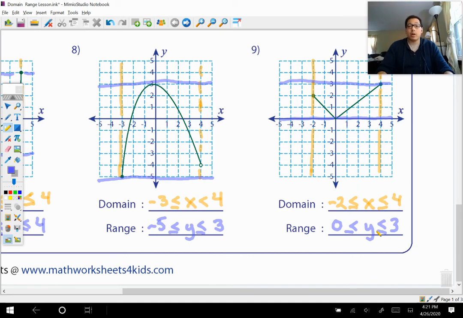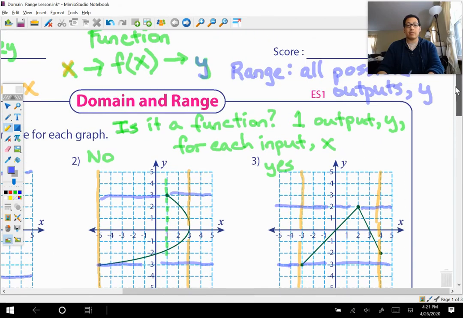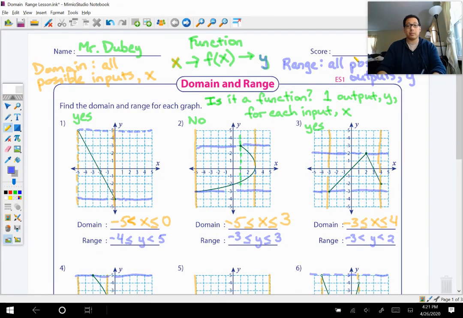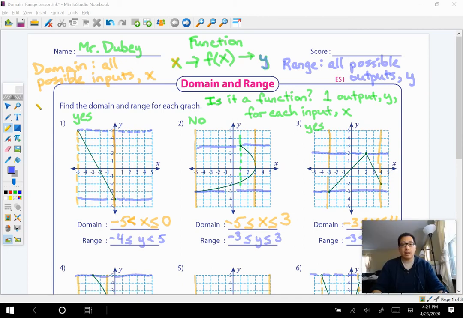Okay, so hopefully you understand now what domain and range means, and could explain that and could identify it based on some graphs. What I'm going to ask you to do, as the second part of this week's lesson, is practice this. I'm going to assign you something in Desmos so that you can do it on your phone or on your Chromebook if you need to. You don't have to print something out.